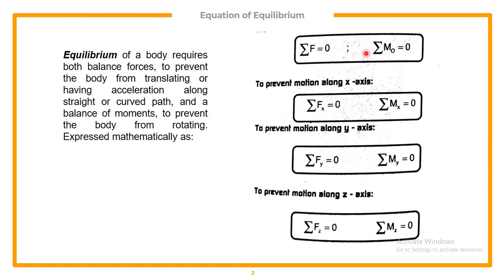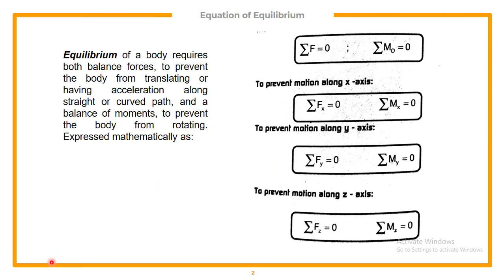To prevent the motion along the x-axis, the summation of forces along x should be equal to 0, and the summation of moment along x should be equal to 0. Same goes along the y-axis: the summation of forces along y is equal to 0 and the summation of moment along y is equal to 0. And for the z-axis, if you remember guys, the axes we have are like this one.